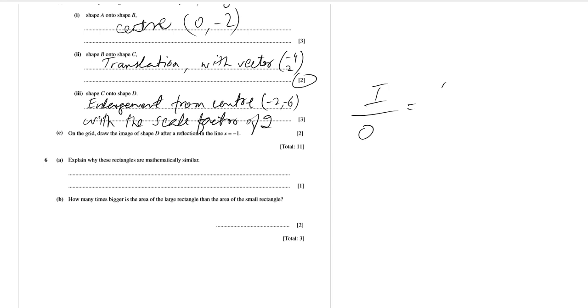The image had four boxes on that side, and on the same side the object has two, so that's why it is 2.